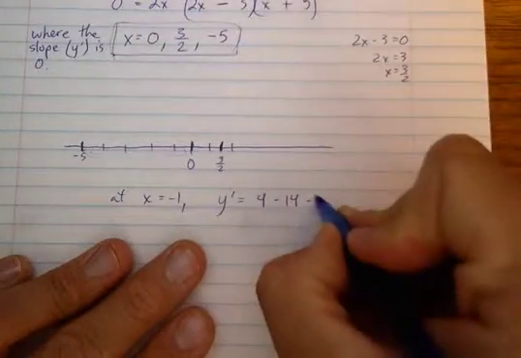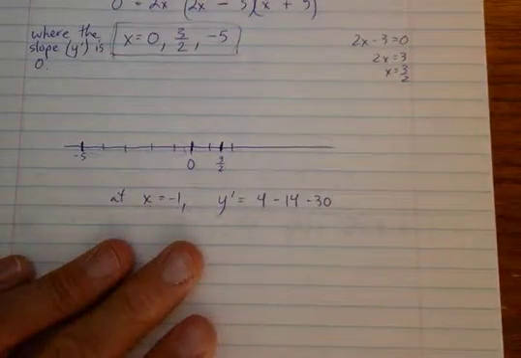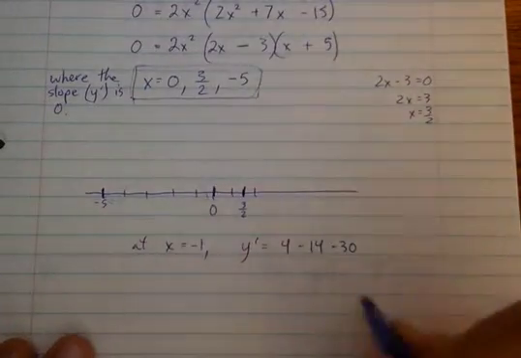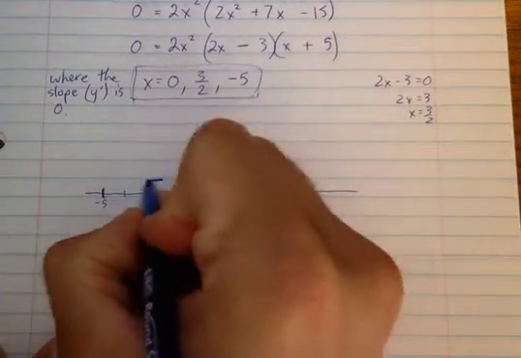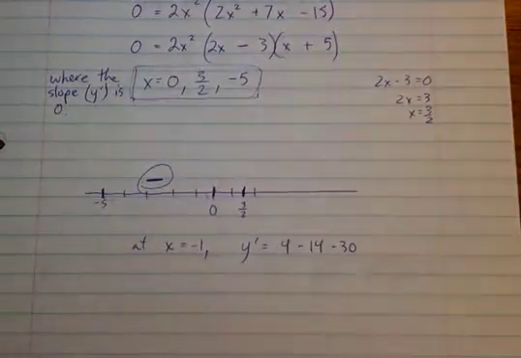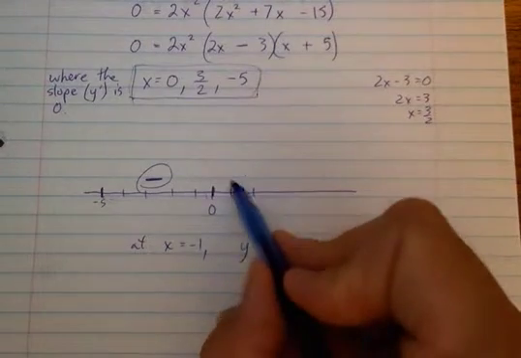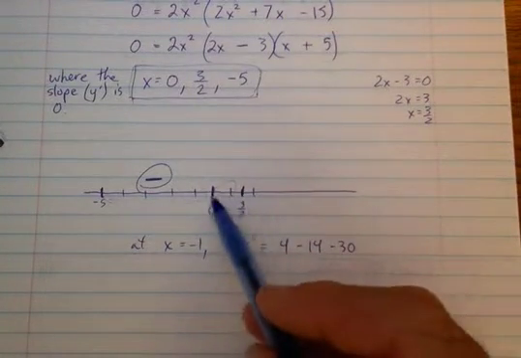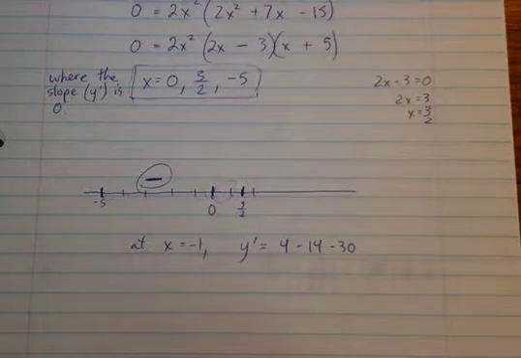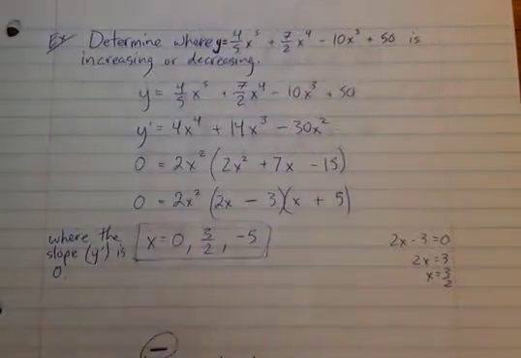Well, that's going to stay negative. Okay, so we know that this right here is decreasing. How about this little guy? Well, let's just plug in 1, because he's in the interval from 0 to 3/2. We plug in 1.